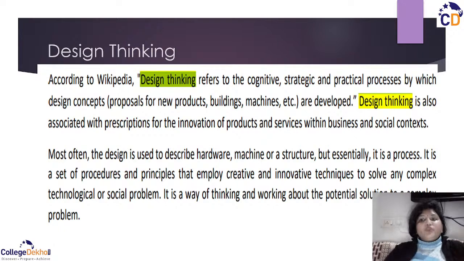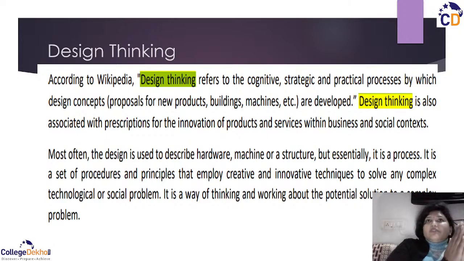Design thinking is also associated with prescriptions for the innovation of products and services within business and social contexts. It is not used only with specific applications, it is used with general purpose applications also. Most often the word design is used to describe hardware, a machine, or a structure, but essentially it is a process.